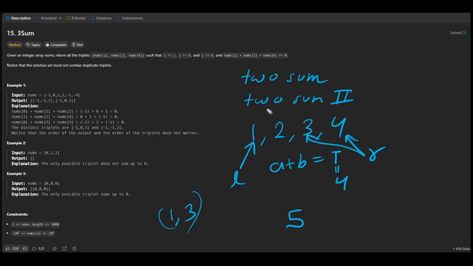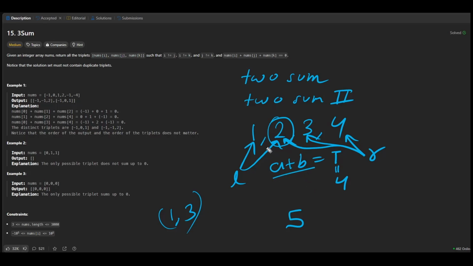Once we got the answer, we can still move further if we want to. So we move left to the next element and we move right to its next element. The left and the right are now on the exact same element. This cannot be valid because we are supposed to find two elements.